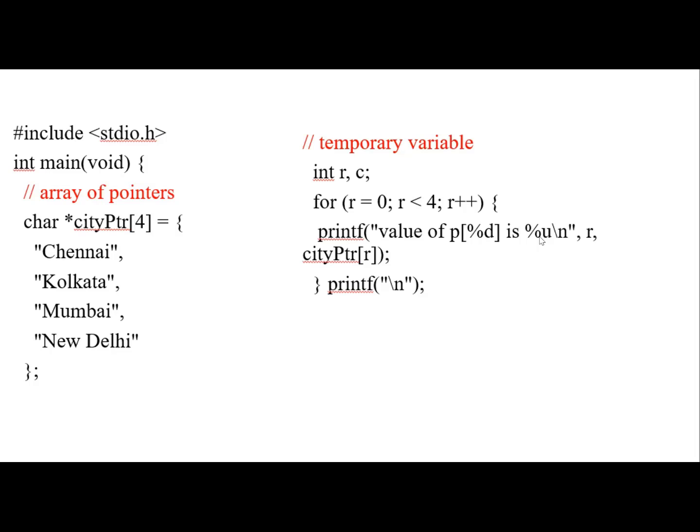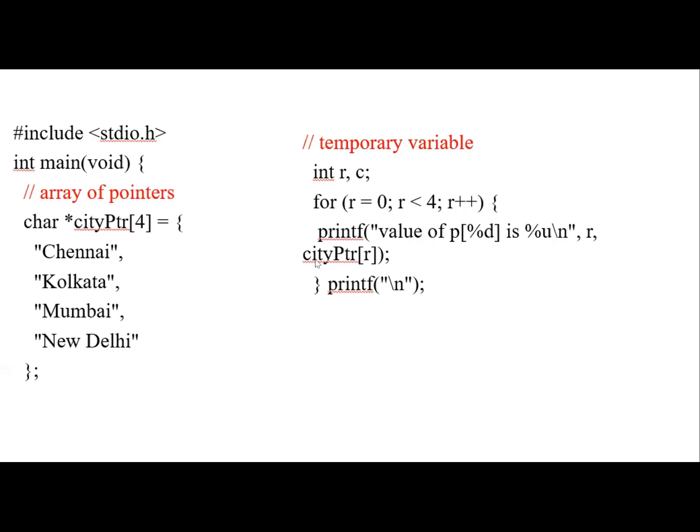That's why the correct way of displaying the memory address would be %u. So here, r is equal to 0, p of 0, and it can go until 4. Then %u is the ctptr of r.